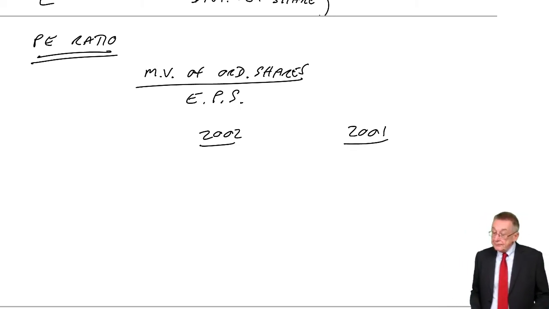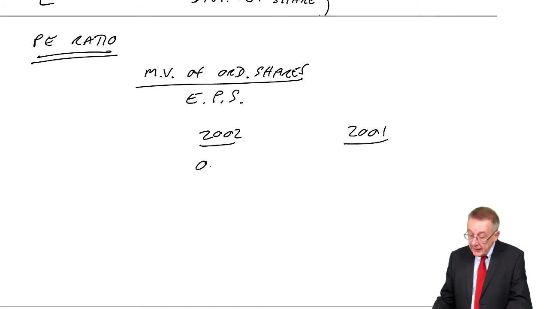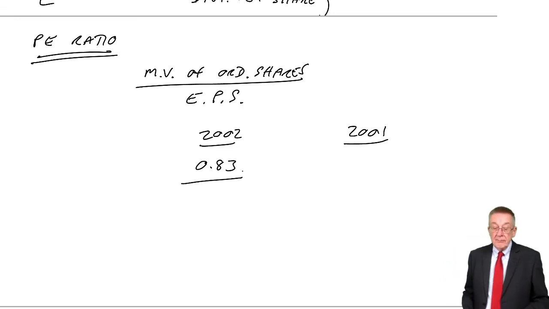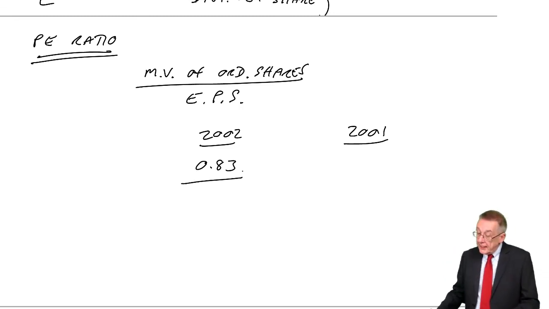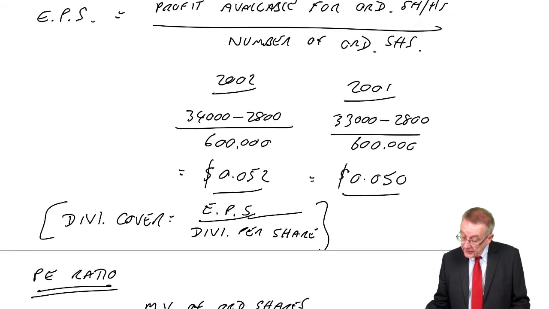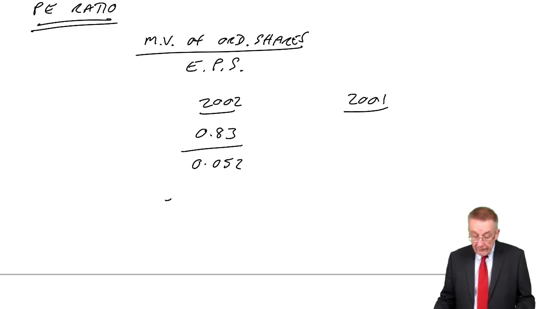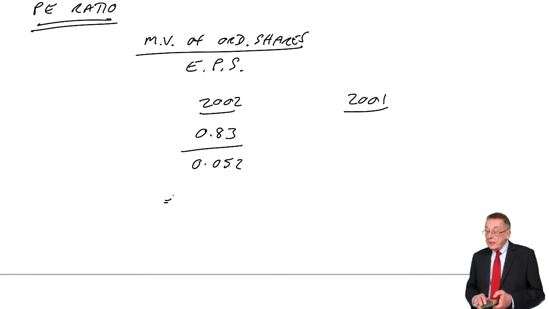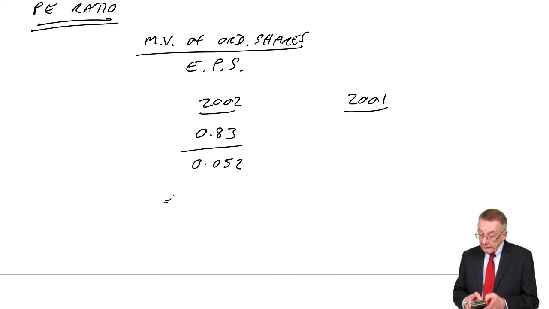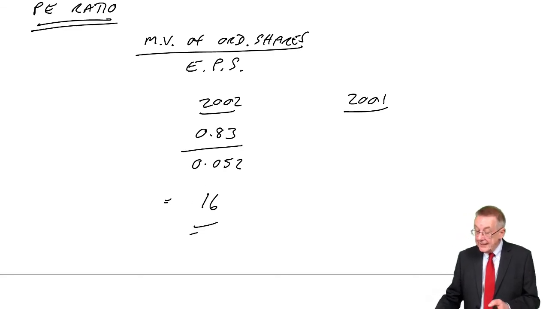In 2002, the market value per share given in the question was 83 cents. The earnings per share I calculated a moment ago, 0.052. And therefore, arithmetically, the PE ratio, 83 divided by 5.2, forget the decimal place, it's 16.